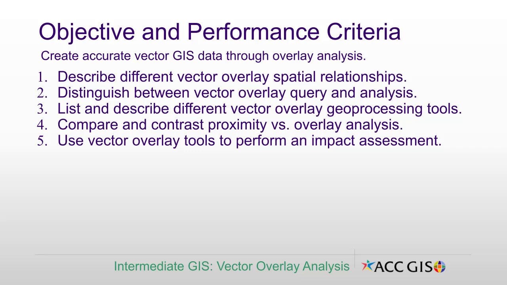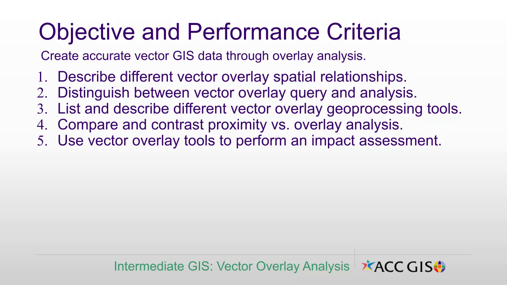Our objective has been to create accurate vector GIS data through overlay analysis. And at this point, you should be able to describe different vector overlay spatial relationships, including intersects, contains, within, and identical. Distinguish between vector overlay query and analysis. Overlay query allows you to overlay layers and select features based on their spatial relationship. Vector overlay analysis actually creates new data based on their spatial relationship.